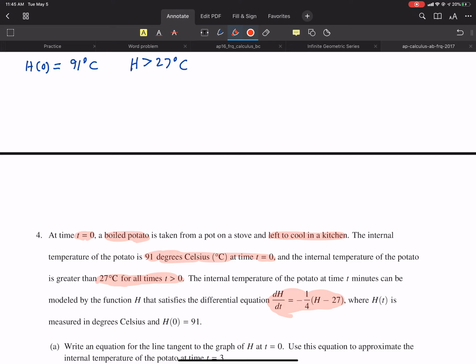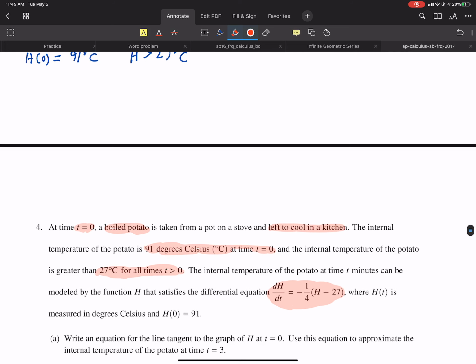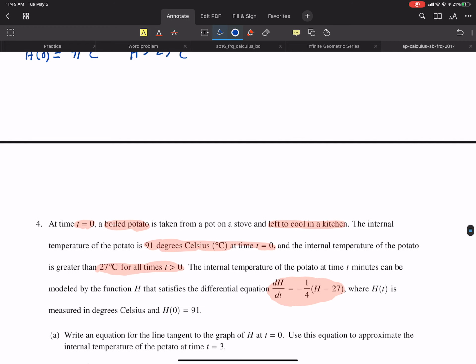So the temperature is decreasing, and this is the rate at which it's decreasing. So we do not have the equation of the temperature of the potato. It's not given. But we want to estimate the temperature at 3. How do you get the temperature without knowing the equation? Well, all we can do is estimate, and that's what they're asking us to do.